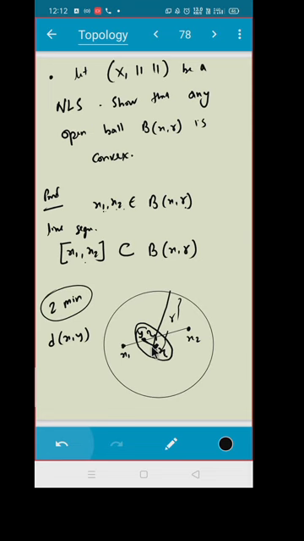Can you see that this distance is always less than either this one or this one? Do you agree? Yes, sir. It will always be less than one of them. If it is here, then it is always less than the bigger one.